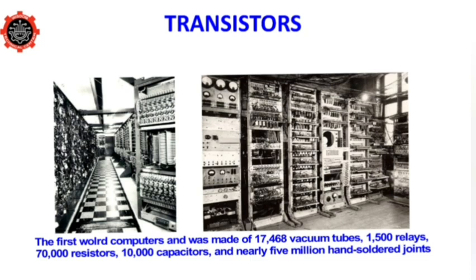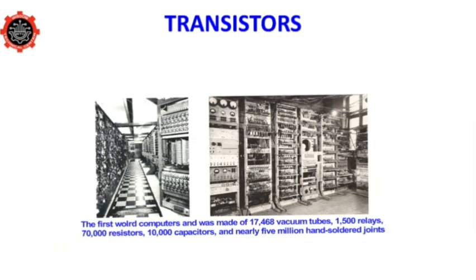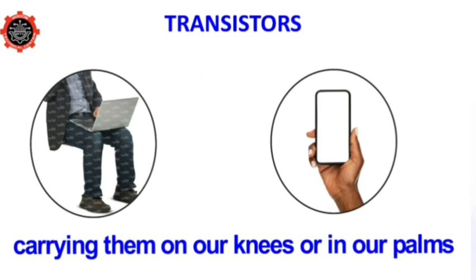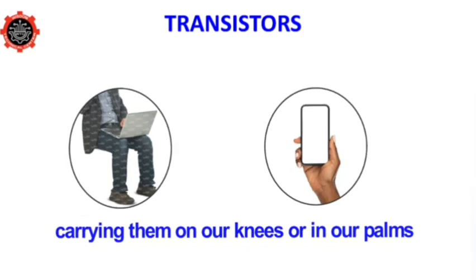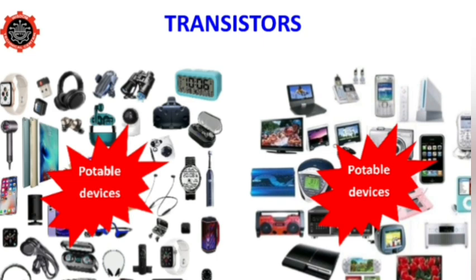Since the discovery of transistors, these devices are now very small, in such a way that we can carry them on our knees and even fit them in our palms like phones, tablets, or any other portable device.